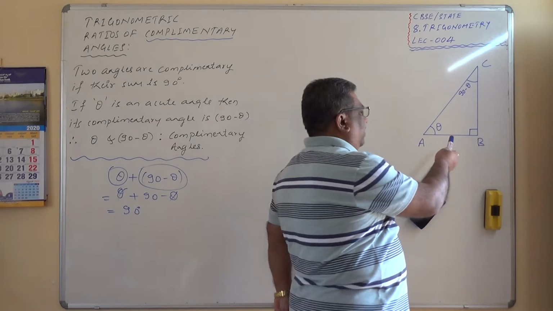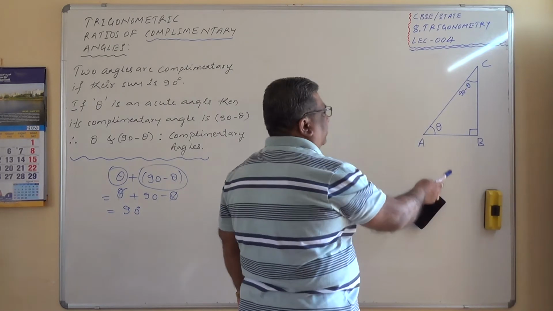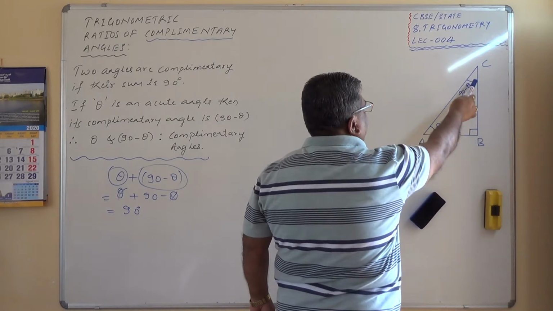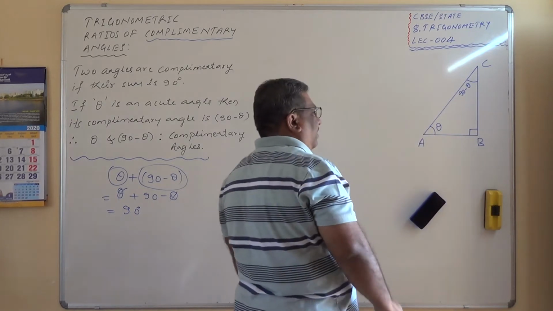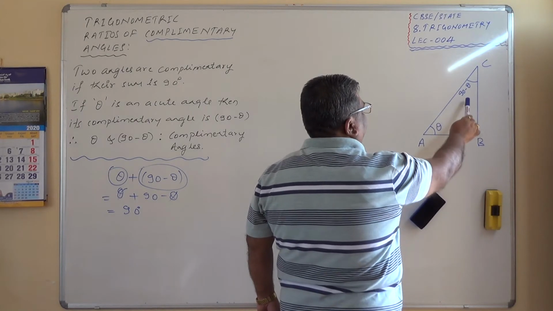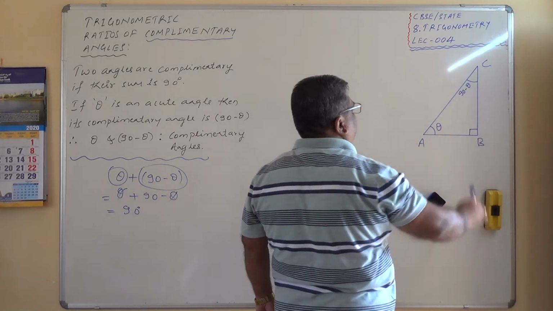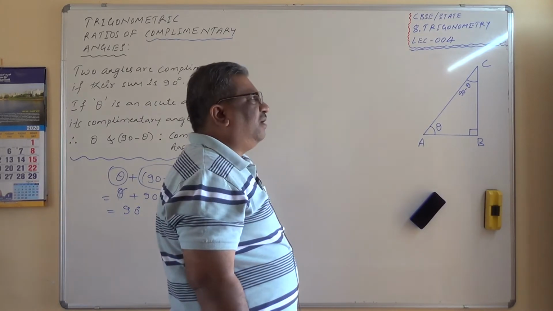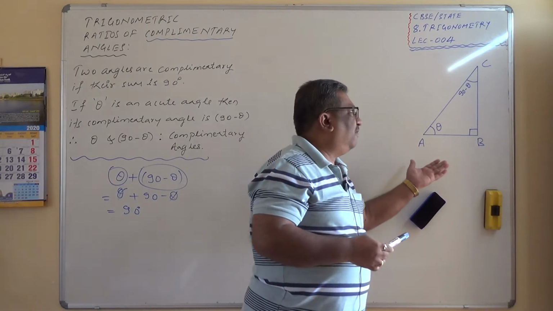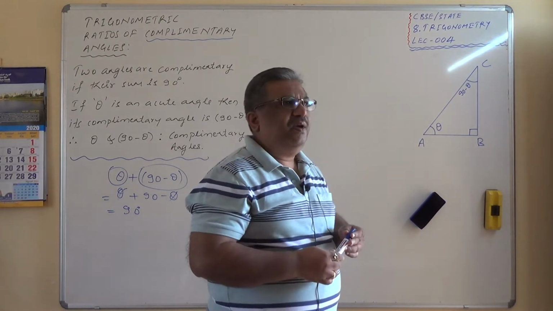I have a diagram over here. In this right triangle, if theta is this angle and if this is 90 degrees, then this will be 90 minus theta. These are the two acute angles, theta and 90 minus theta, and these are the two complementary angles. Now, I would like to take the T ratios of these two angles.